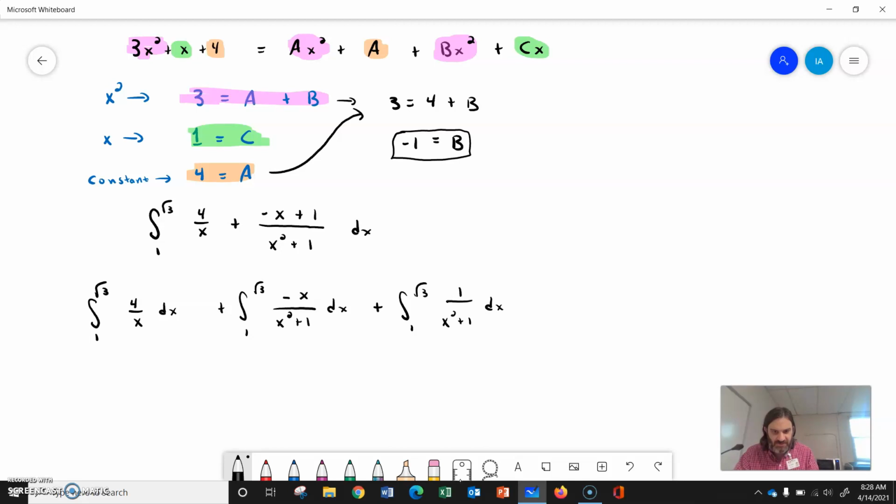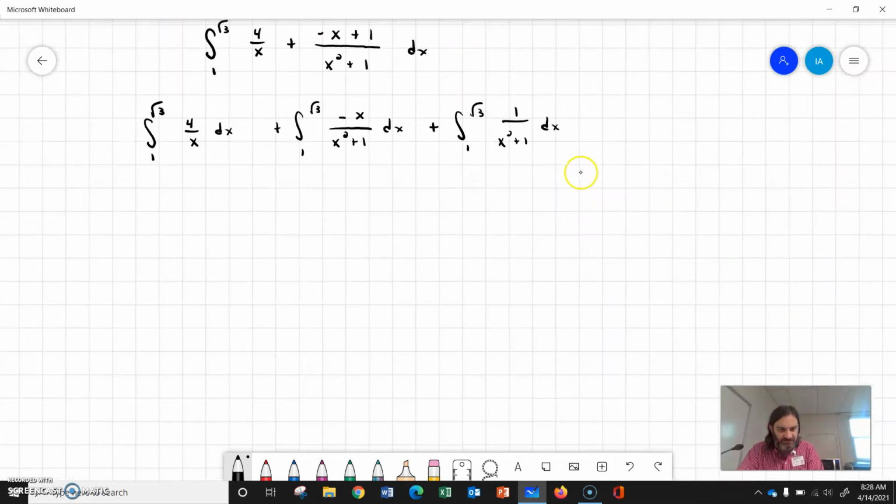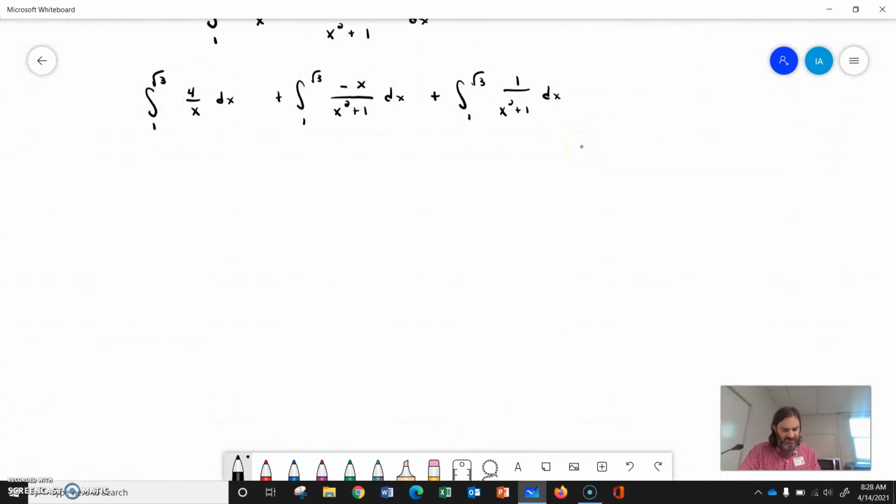And the reason I broke these apart is because a u substitution just doesn't work on the way this thing looks right now, and it's not a natural log integration itself. But each one of these can be integrated in its own little way. So assuming everything's going right, the first integration, the 4 over x, that will be 4 times the natural log of x.